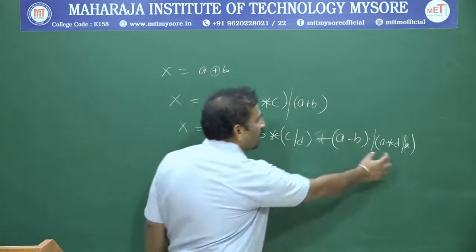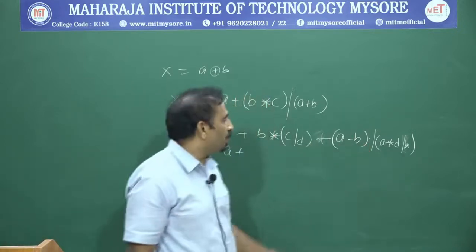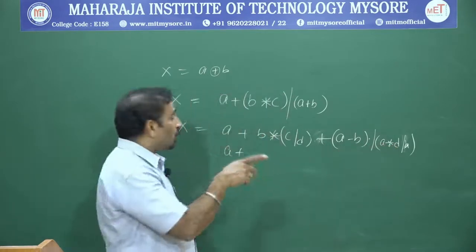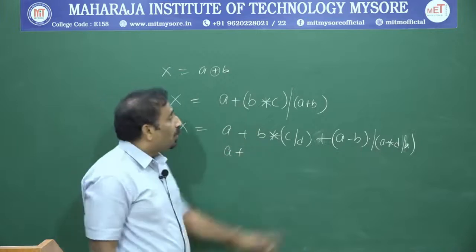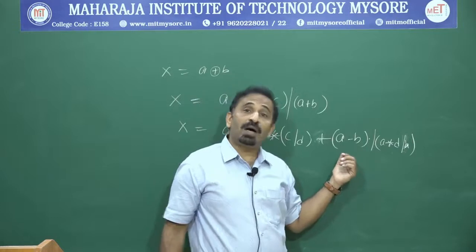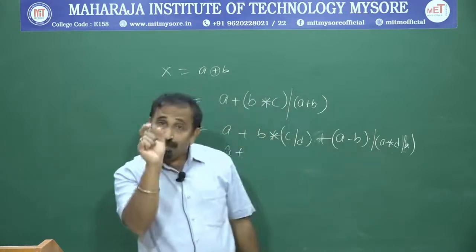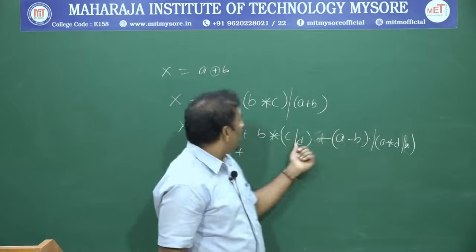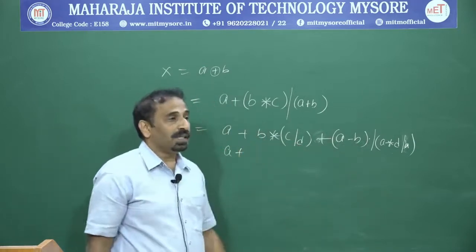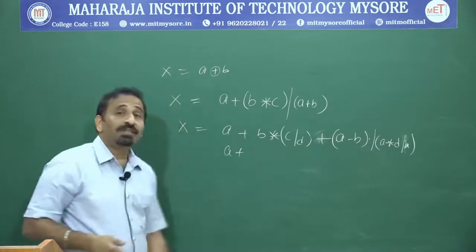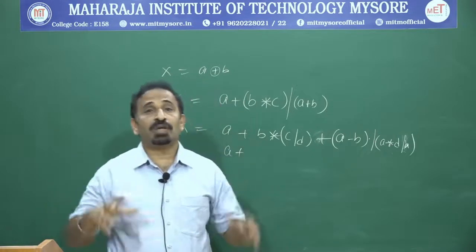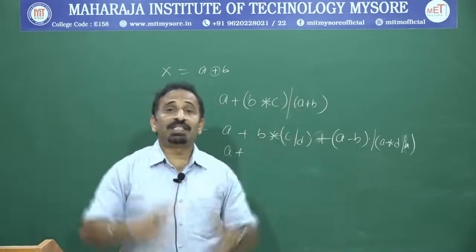I know that I am trying to do this operation first, a minus b. After that, I am doing computation of this a plus b. Even though the expression is there from the left side, I try to compute this part of the expression first, next this, to that multiply by b, then I am adding this a. So therefore, depending on the equation type, which part of the expression you are computing first will be decided.